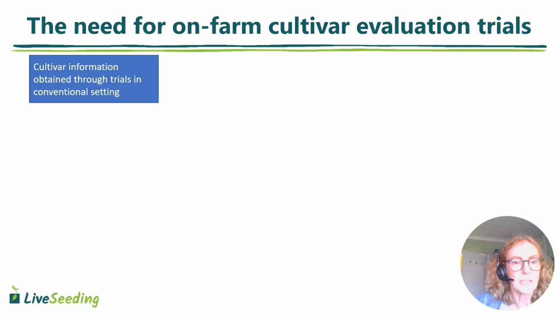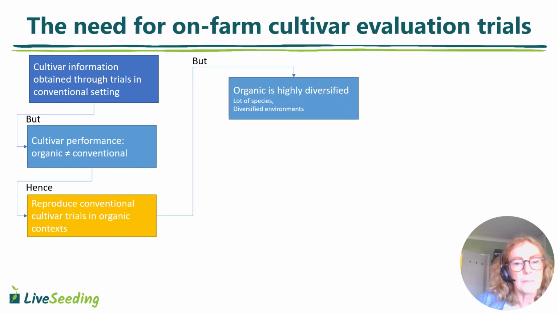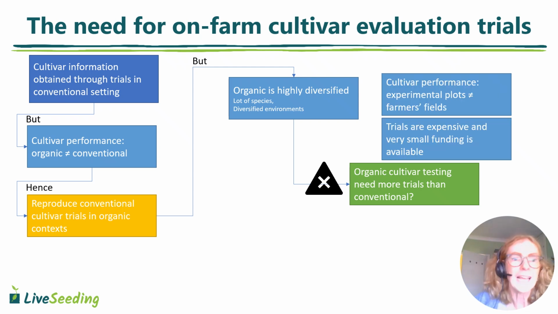And here's yet another illustration, which comes from the webinar, so it'll be explained there as well, possibly better than I'm explaining it now, showing cultivar information obtained through trials in conventional settings. But we know that cultivar performance in organic isn't always the same as conventional.